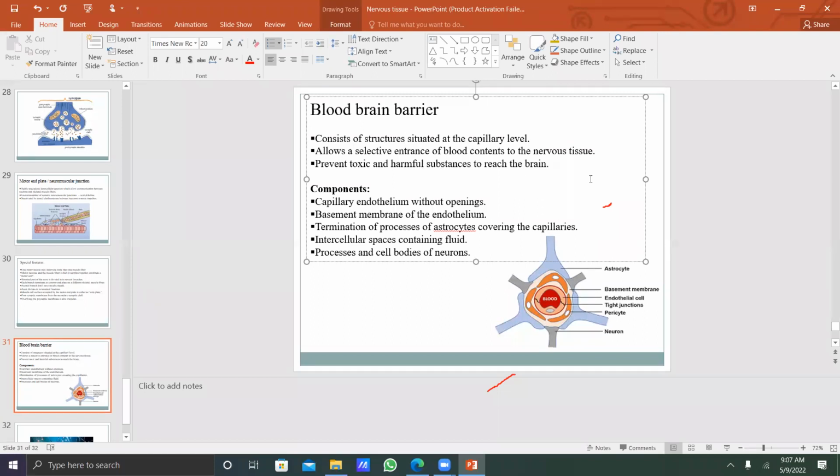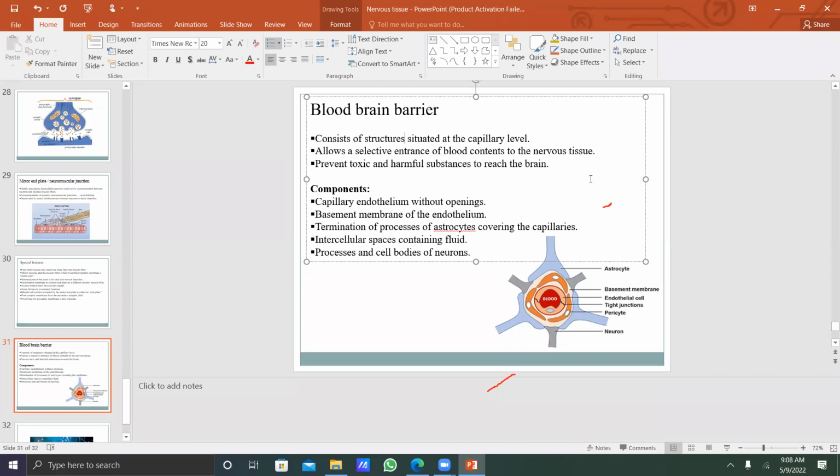So unlike in the other parts of the body, the capillaries in the brain can't diffuse or actively pass everything in the blood into the brain.